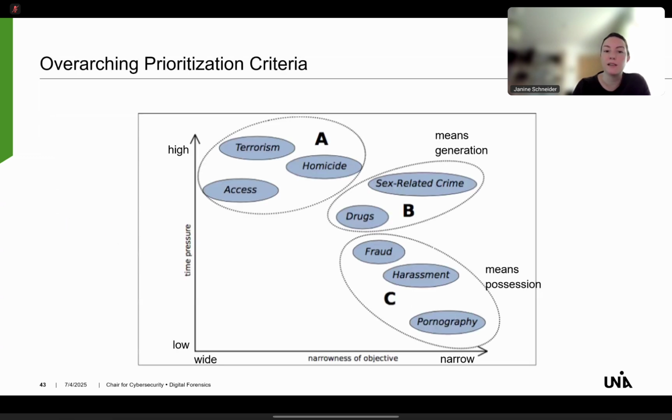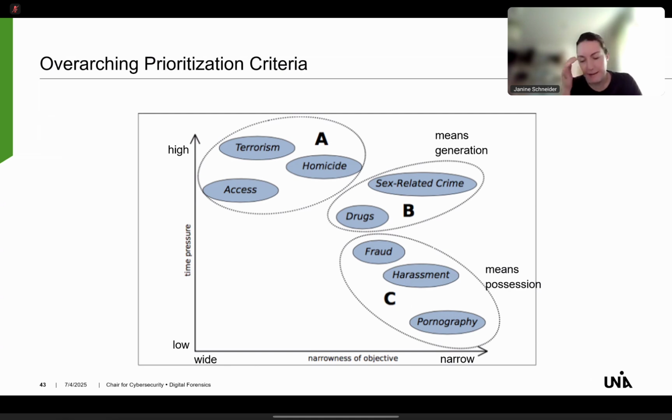And I think this will clarify a lot of it. So this is an attempt. This is actually from a master thesis, and it was an attempt of a classification of offenses and which methods should be used and when, in order to prioritize what to do and when.